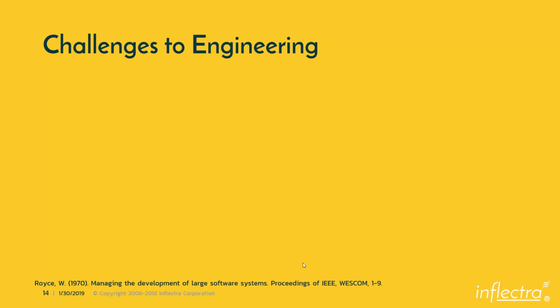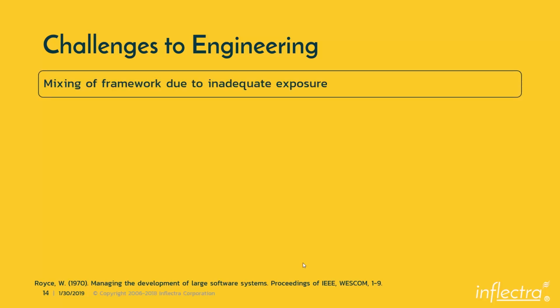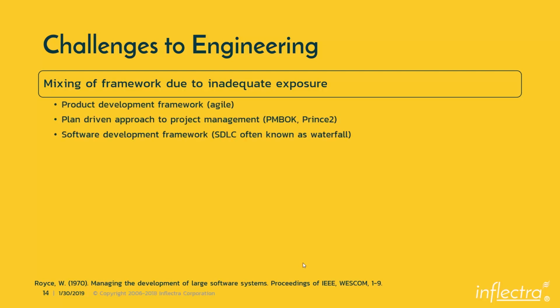Now, people often mix product development frameworks with many other frameworks. So a product development framework like Agile can be combined with project management frameworks like PMBOK and Prince2 and deliver solutions.